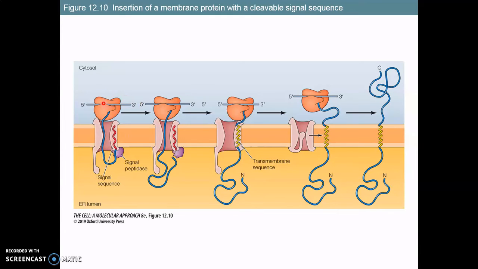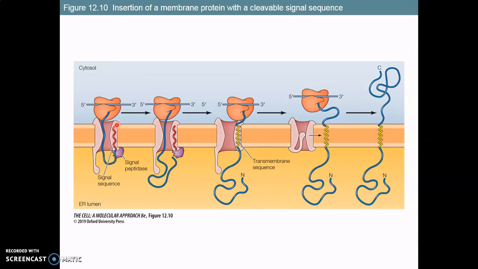So it's starting to be produced, it has a signal sequence, it associates with the SRP, it binds the receptor, it goes through its GTP hydrolysis and all that. And now we have the signal sequence in this pocket, and it is cleaved by this peptidase.